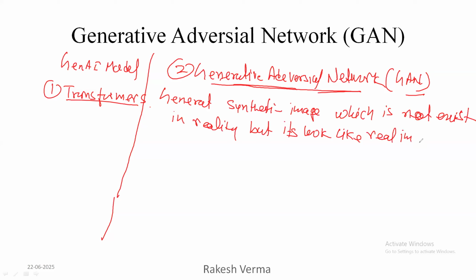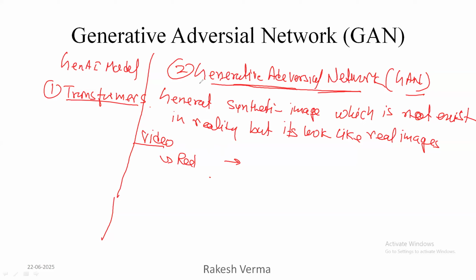And nowadays video is also generated. If you have seen the very popular reel of Prime Minister Narendra Modi and Home Minister Amit Shah together on one bike, traveling, this video is created. It is a fake video generated by this particular type of model.